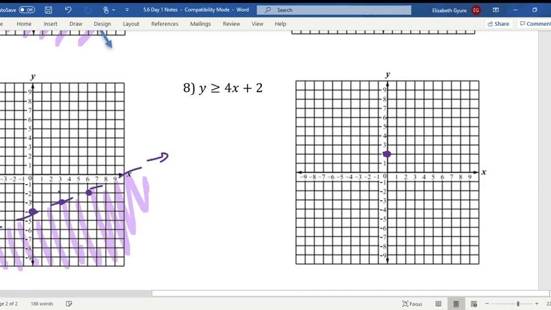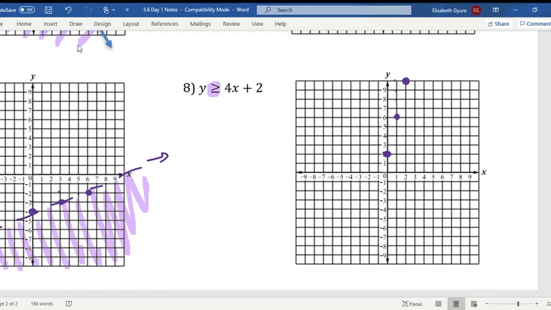1, 2, 3, 4 over 1. And we can do that again. 1, 2, 3, 4 over 1. Good. And we have a greater than or equal to symbol. So if it's greater than or equal to, Alex, do you think we should use a solid or a dotted line? Solid, yeah.